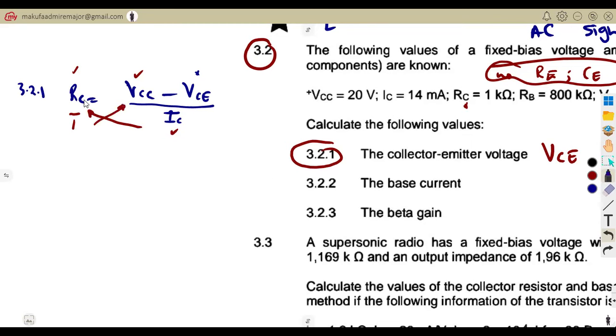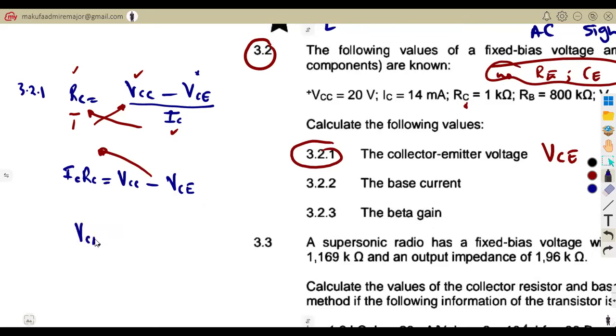It is going to be the product of RC and IC. So we're going to have IC RC is equal to VCC minus VCE. What you want to make the subject is the VCE, and it is carrying a negative, so take it to the other side of your equation so that it becomes a positive.